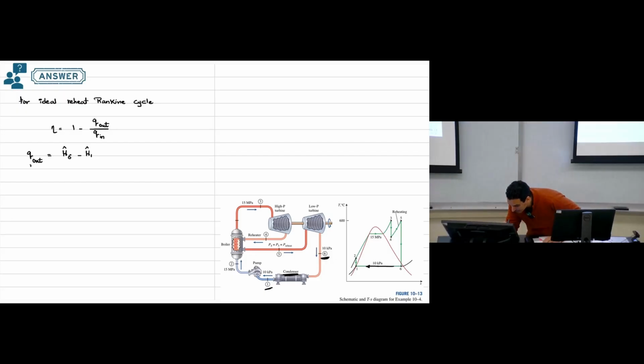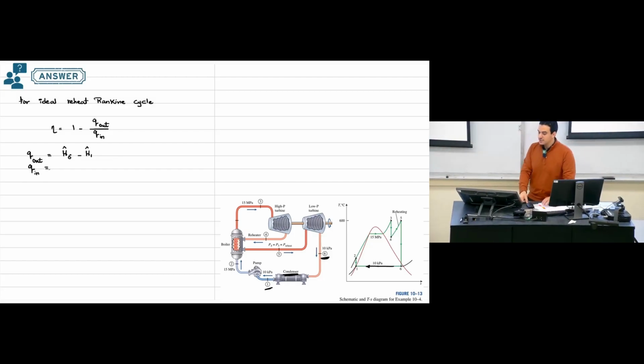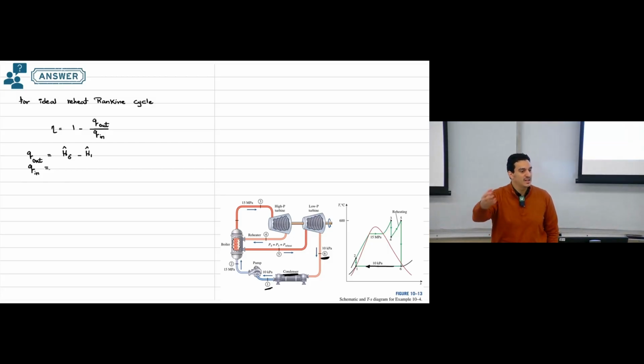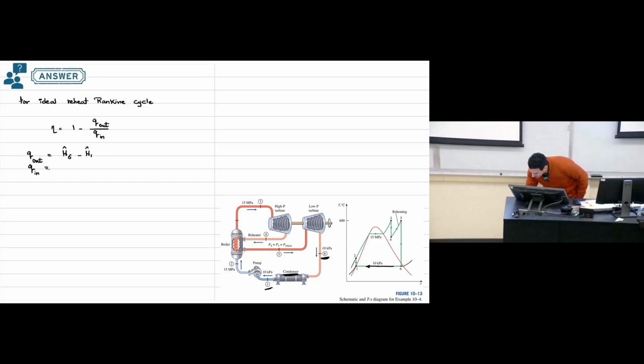We have Q in. If you remember from the previous lecture, how many steps do we have in which we are adding heat to the working fluid? Two steps. One in the boiler between point 2 and point 3, and another one in the reheat.